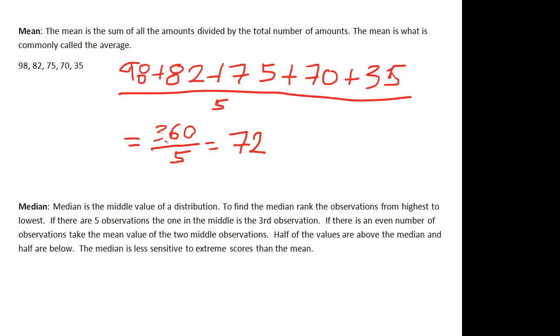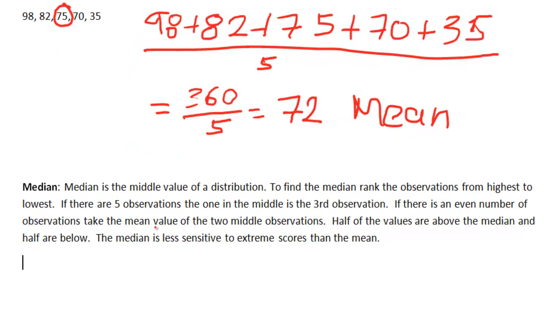And so now we've seen how to calculate both of them. We know that our median is our 75, that's our one in the middle. Our mean is going to be 72. And let's make it a little extreme example.